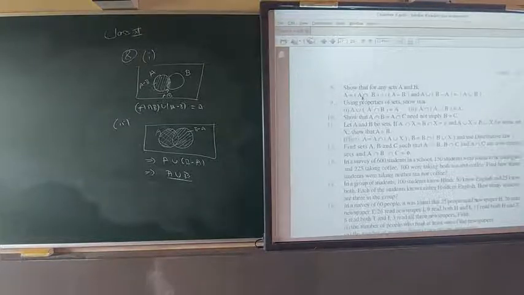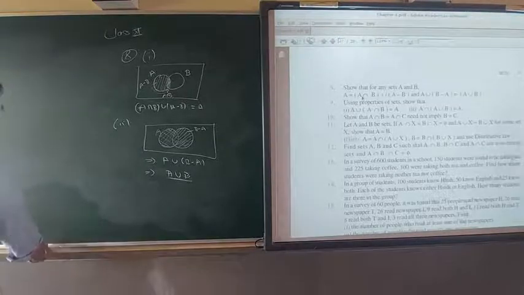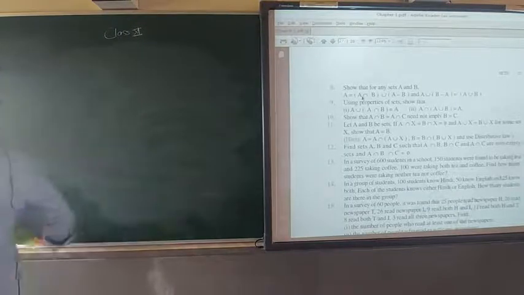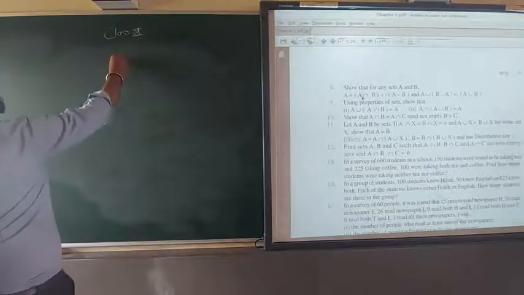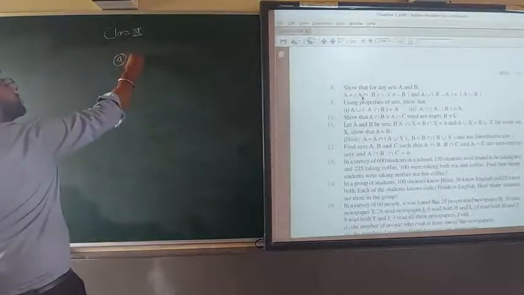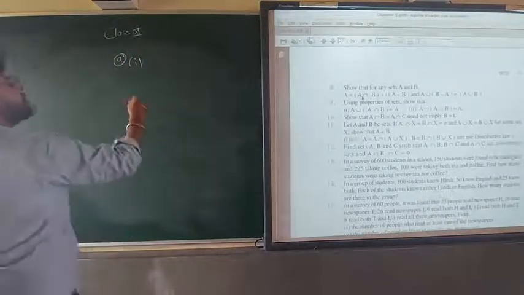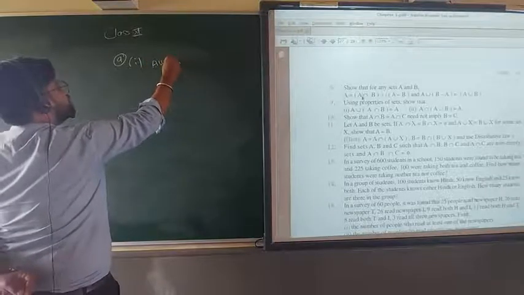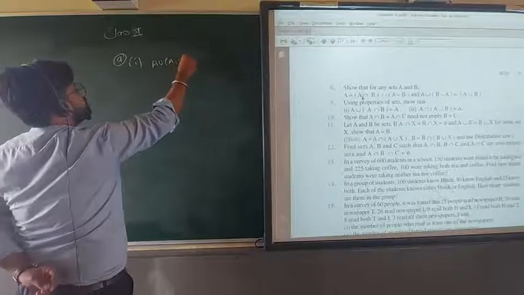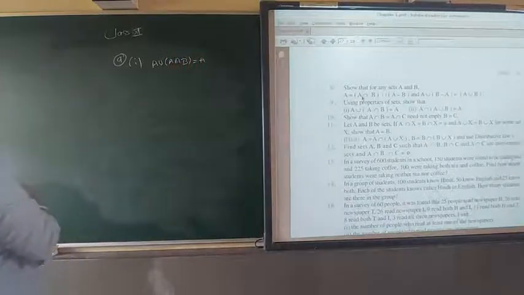Now question number 9. The ninth question is, using properties show that A union (A intersection B) is equal to A. This we have to show.